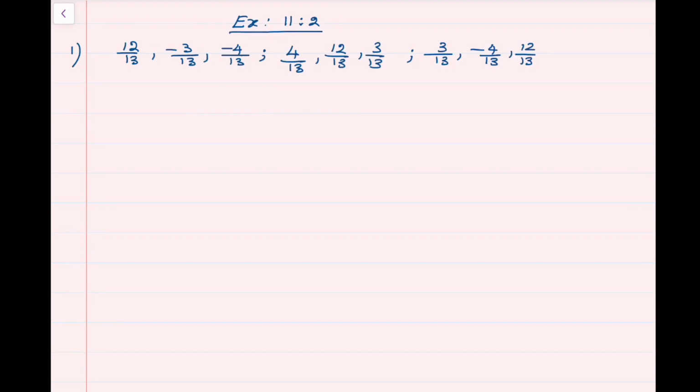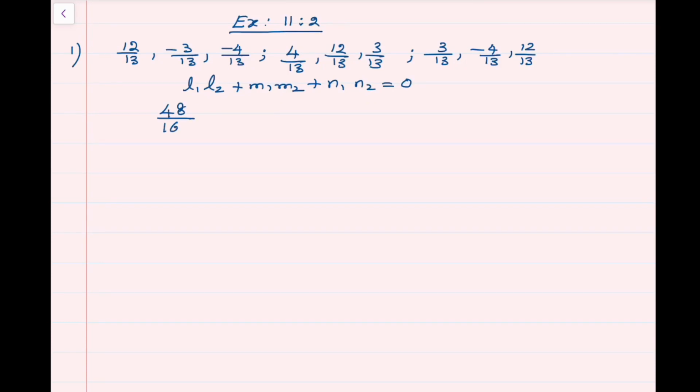We know the perpendicularity condition: the dot product has to be 0. These are direction cosines, so in terms of direction cosines, the condition is l1 l2 plus m1 m2 plus n1 n2 should be 0.